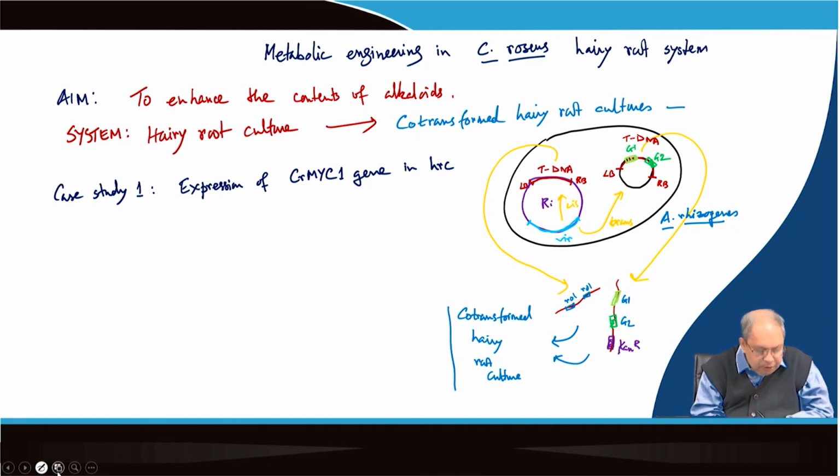What we need to see is what happens to the content of the alkaloids. They decided to measure several alkaloids, among which they particularly focused on ajmalicine and catharanthine content.